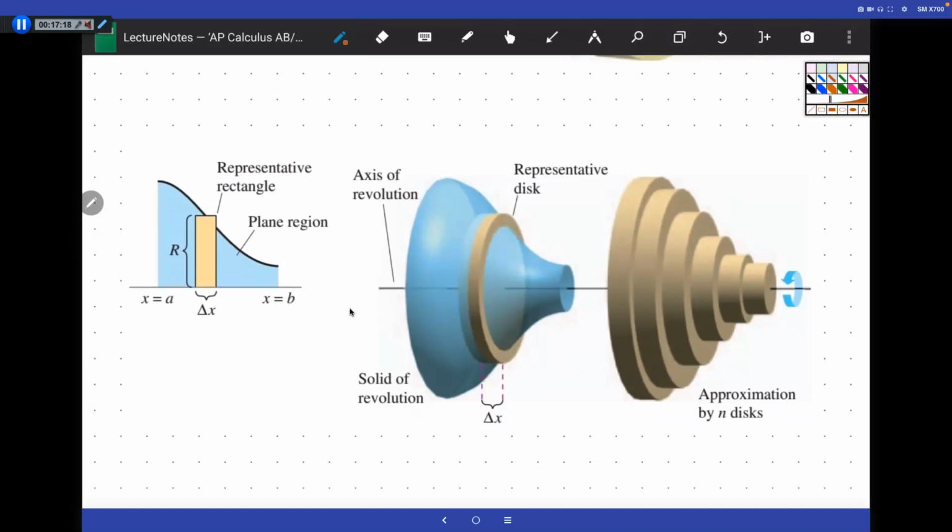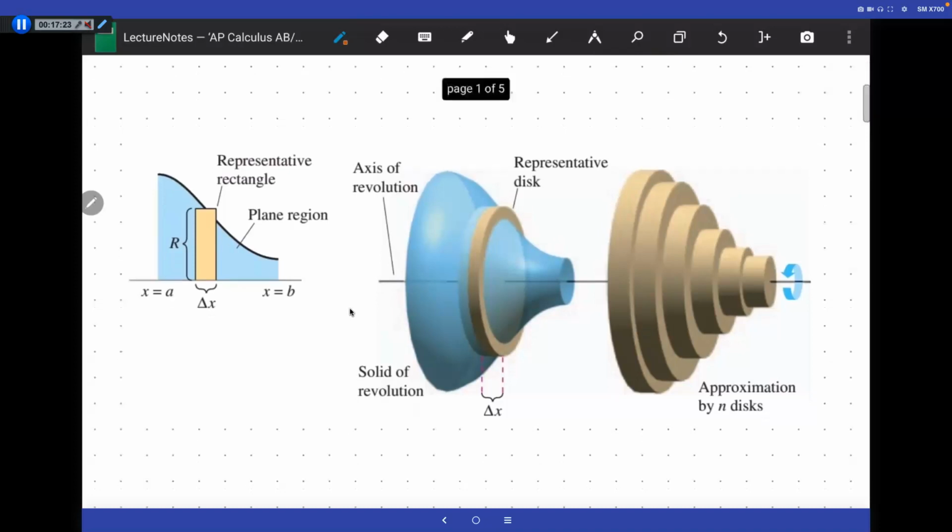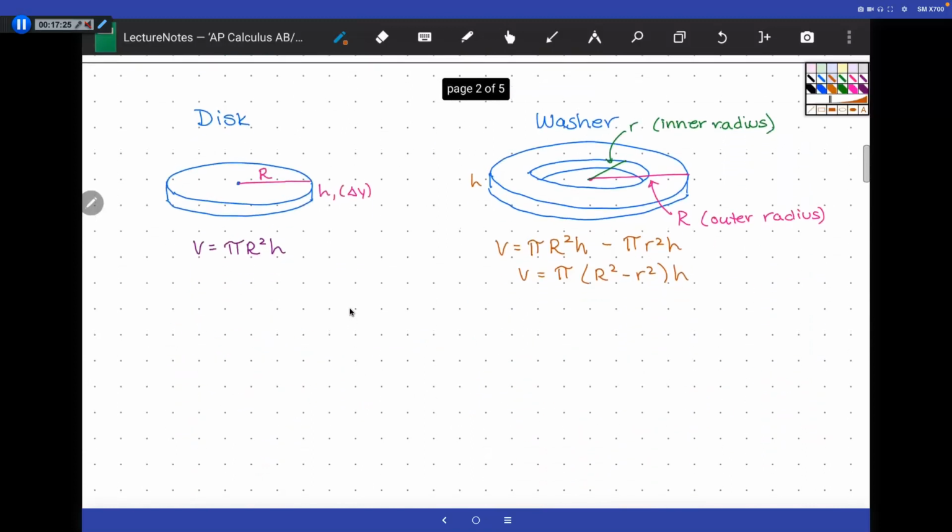But then through the limit process and putting in an infinite number of discs or washers, we get the actual volume, and that's what creates our definite integral. So I'm going to skip writing all that stuff. But for a disc, we usually factor out the pi and put it in front of the integral. But it's just pi r squared h, which in this case is a dy. It can be a dx also.